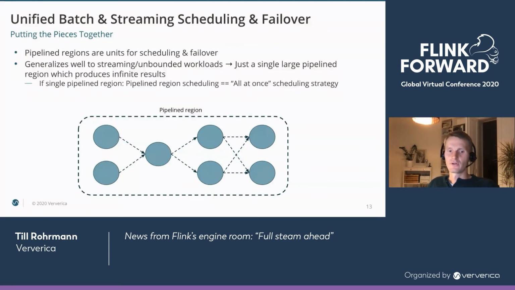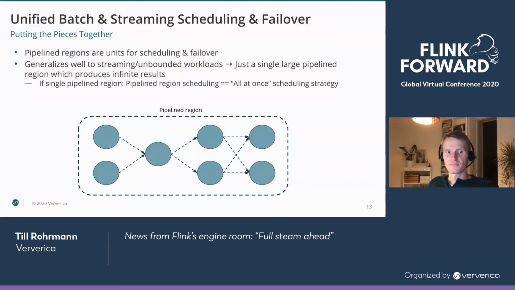If we now think about a streaming job and think about the pipelined regions of this job, we pretty quickly come to the conclusion that there is in a streaming job only a single pipelined region. And this pipelined region just happens to produce potentially an infinite amount of results, so it needs to run all the time.